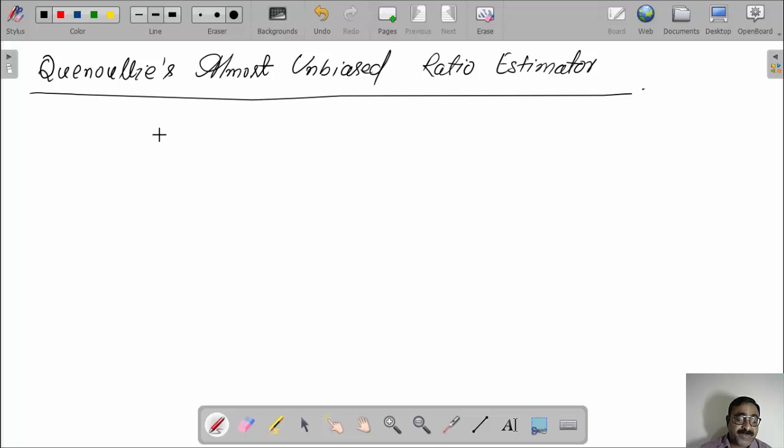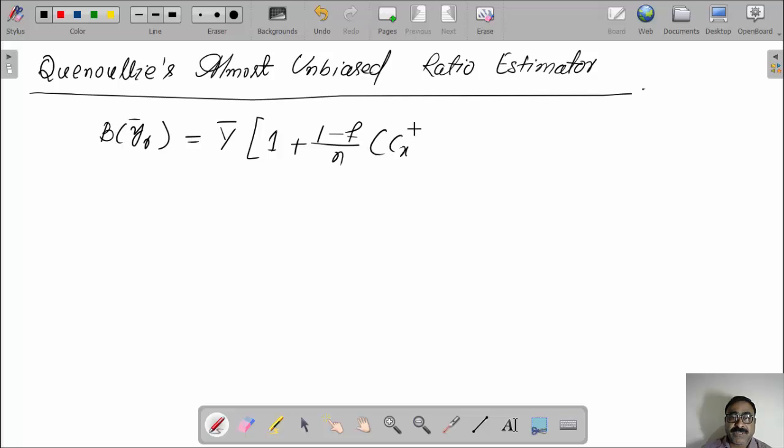Now this means the usual ratio estimator is biased, and its bias is given by Y bar times (1 plus (1 minus f) by n) into (Cx square minus rho Cy Cx), up to order of n inverse.